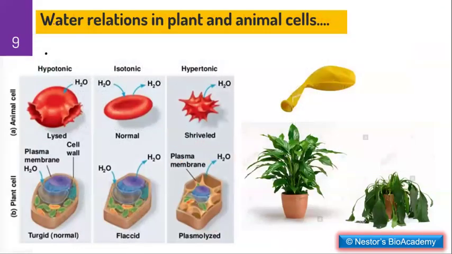So in a nutshell, this illustration is summarizing what happens to the plant and red blood cells when placed in solutions of different concentrations. When placed in a hypotonic environment, the red blood cell is going to undergo hemolysis.